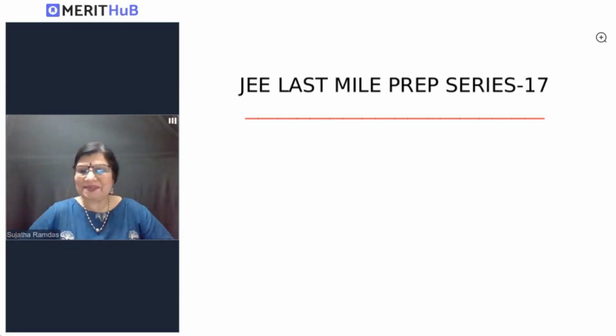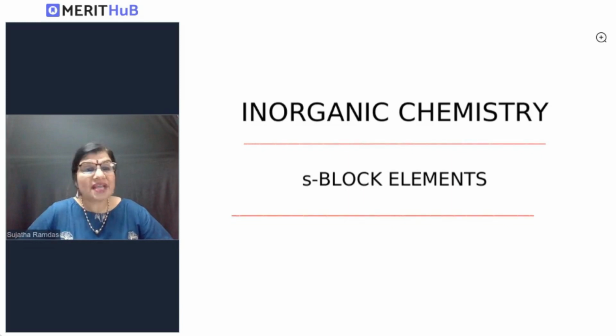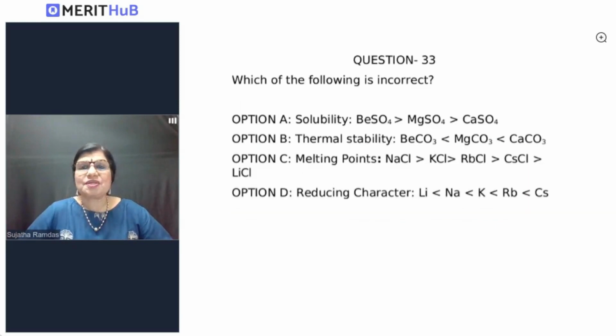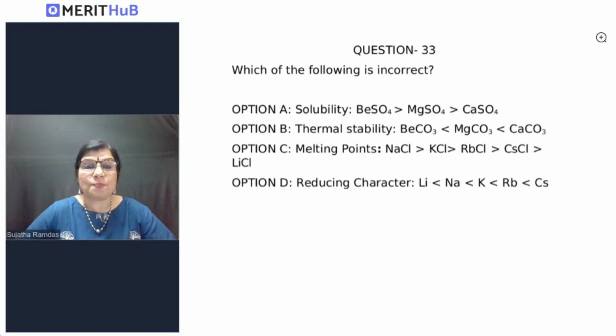Let's get started. We continue with inorganic chemistry, and today we will take up 2 questions from S block elements. So here is question number 33. Which of the following is incorrect? So we need to identify amongst these 4 options an incorrect statement.